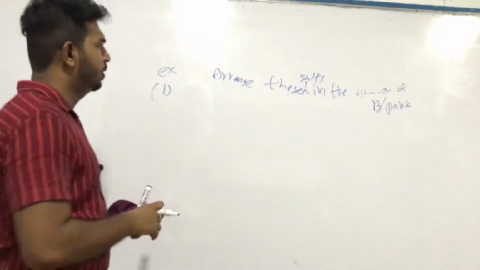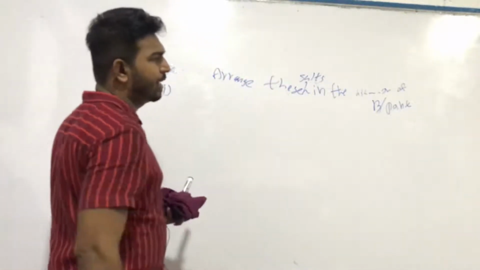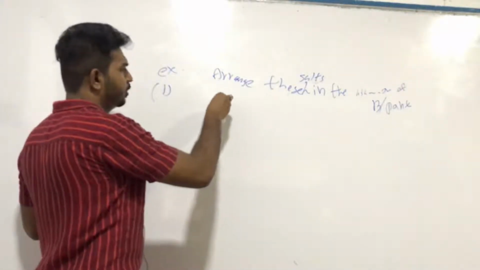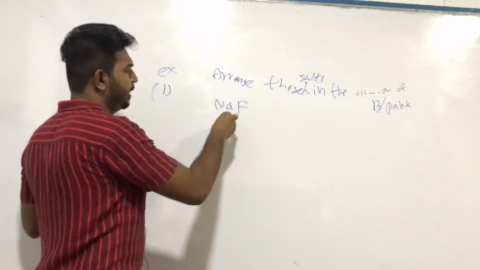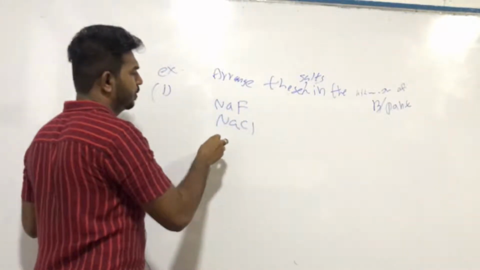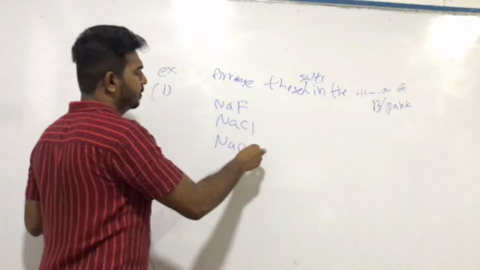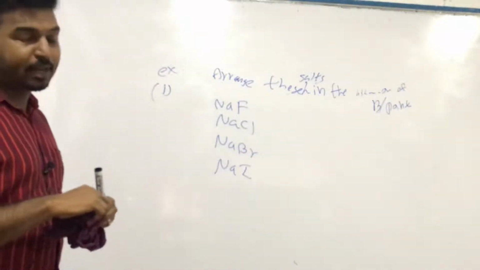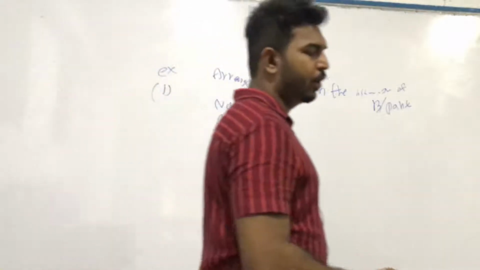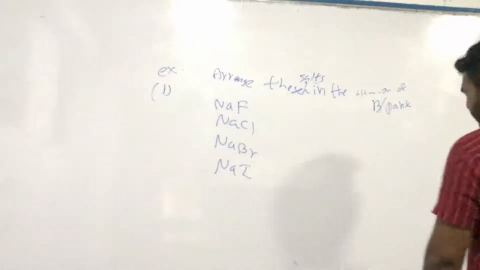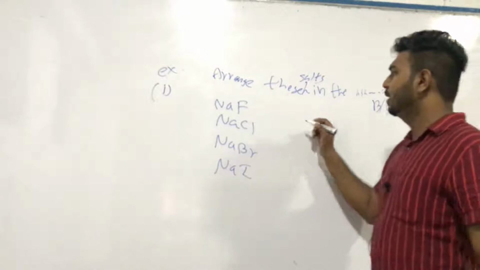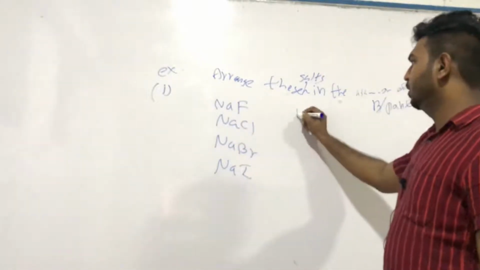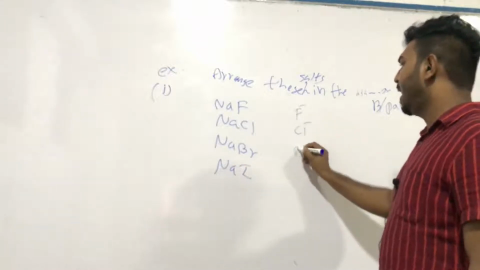And to the right, arrange the salts in the ascending order of boiling points. Write the salts. Now we know that the cation is common, so we have to consider the anions.